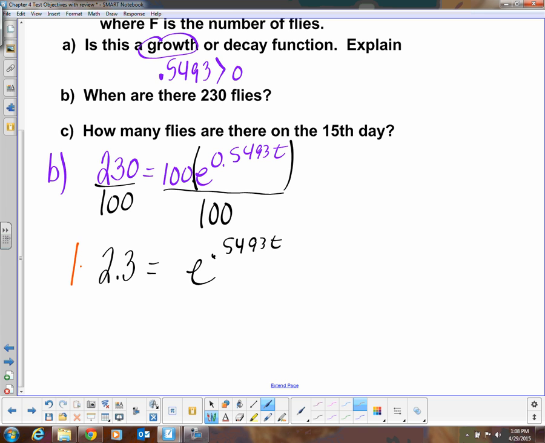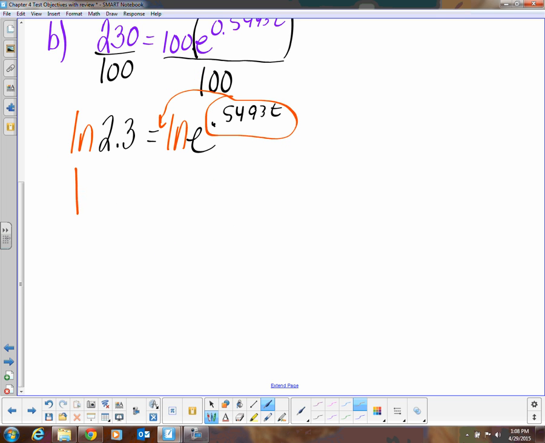Now we're going to natural log both sides. And when you natural log both sides, properties of log says the exponent goes out front. So this is going to be ln of 2.3 is equal to 0.5493t ln e. What's ln e? 1. So that's going to be gone.